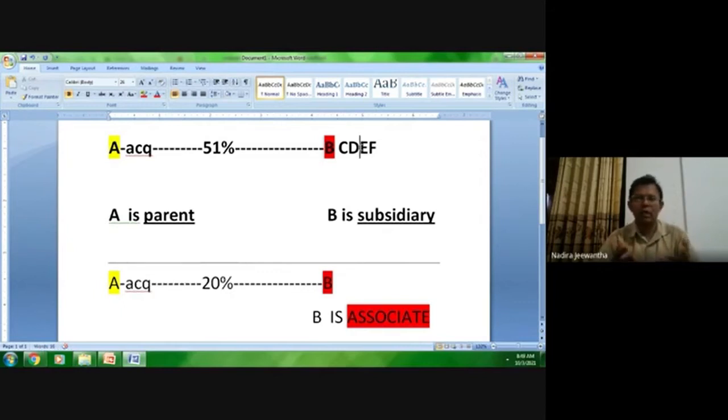Even if you have one subsidiary, it becomes a group: A is the parent, B is the subsidiary. If you look at your bank's balance sheet, you have a bank column and a group column. The group column means your bank has acquired one or more subsidiaries, holding more than 51%. That's your bank's group.